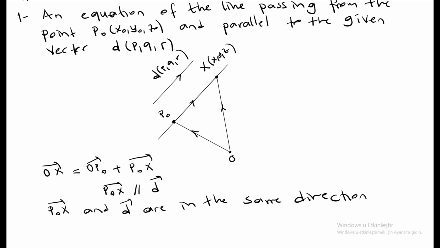The orientation may not be, and the magnitude, the length, may not be the same, but the direction is the same. So I can write this one for, let's say, T belongs to R. So P sub 0 X will be T times D.